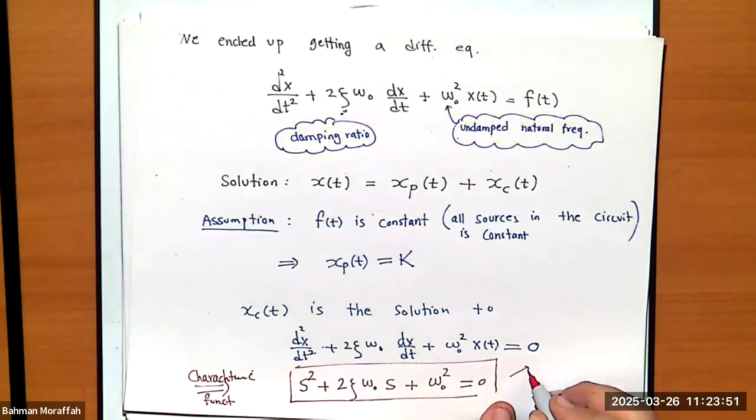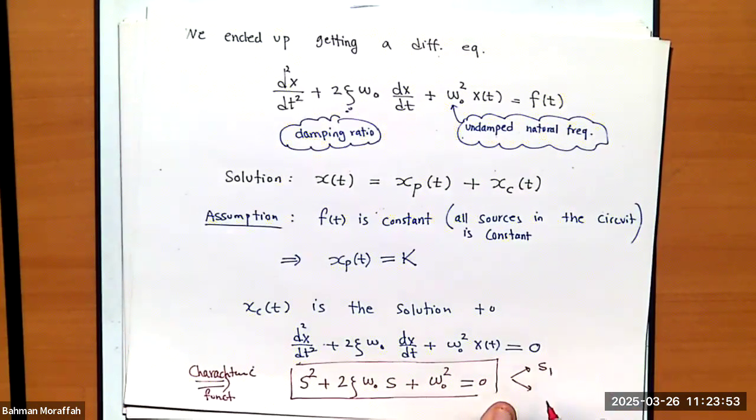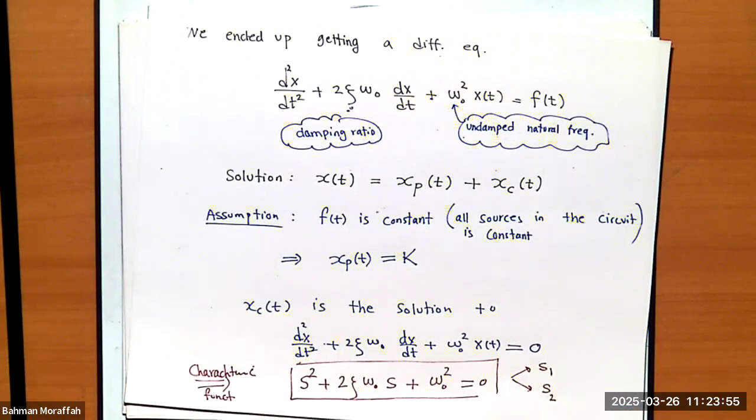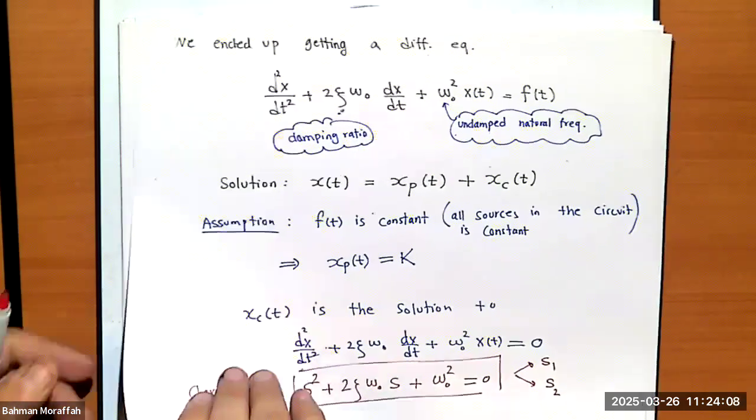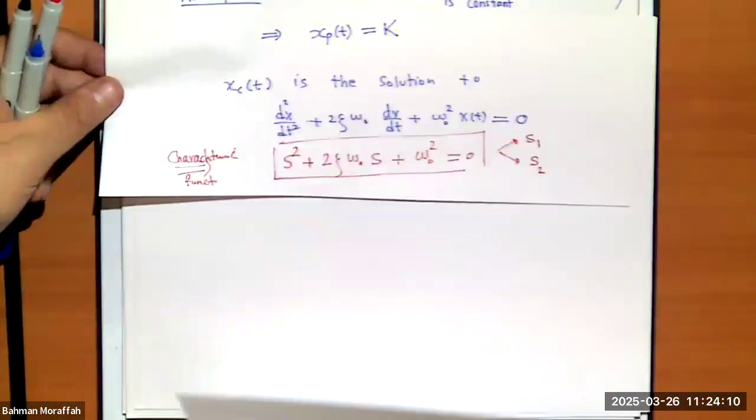And this is a quadratic equation that produces two answers, S1 and S2. Given S1 and S2, we know exactly what kind of solution we have, which we already know by looking at that c, right?